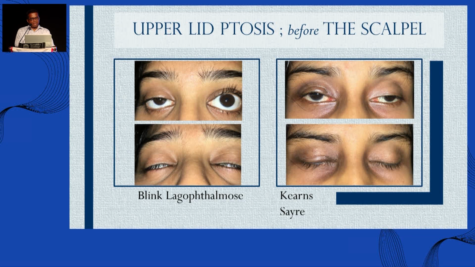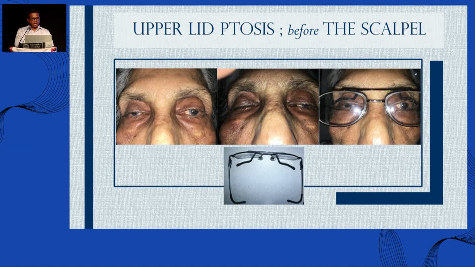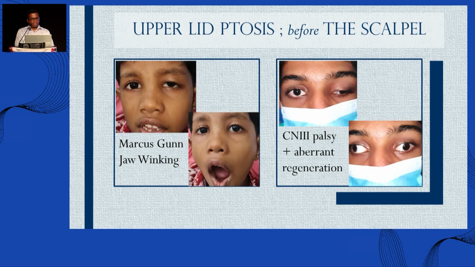Similarly, when you have blink lag, lagophthalmos, as well as impaired Bell's, we have to do undercorrection. And when you have both Bell's deficiency as well as lagophthalmos, of course, we have to go for lid crutches. In Marcus Gunn jaw-winking and third nerve palsy, where you have the synkinetic movement, you can either combine with the brow suspension, or if you need, you can go with the undercorrected levator surgery.